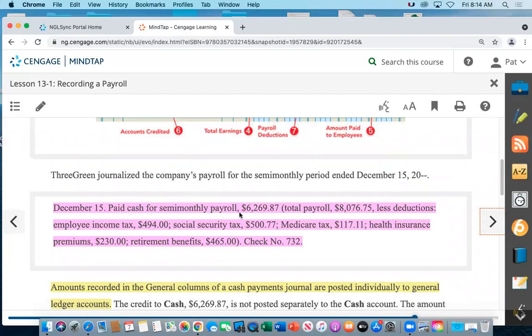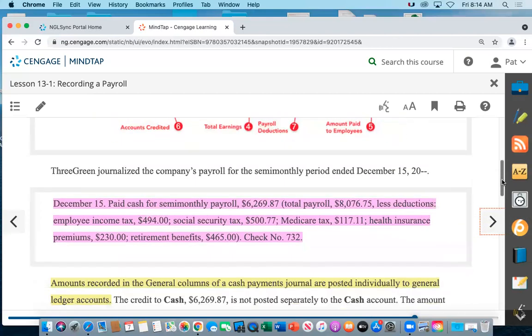Pay cash for the semi-monthly payroll. We are paying the payroll. The cash number is $6,269.87. That's net pay. Total payroll is this number, which is what? Salary expense.